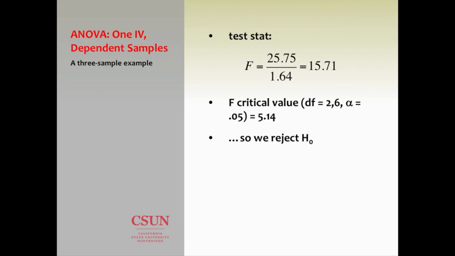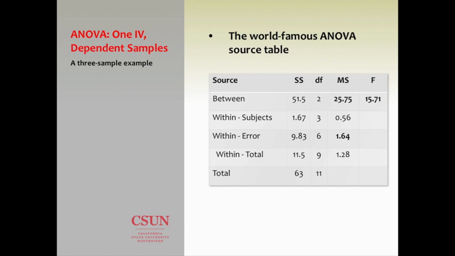So again, based on that, we reject our null hypothesis since 15.71, our test statistic, is greater than 5.14, our critical value. Okay, so this is what our world-famous ANOVA summary table or ANOVA source table looks like. We've got a couple of extra rows in here, basically because we split the within groups variance into 3, or I guess 2, because the third column there is just the total of the other 2.